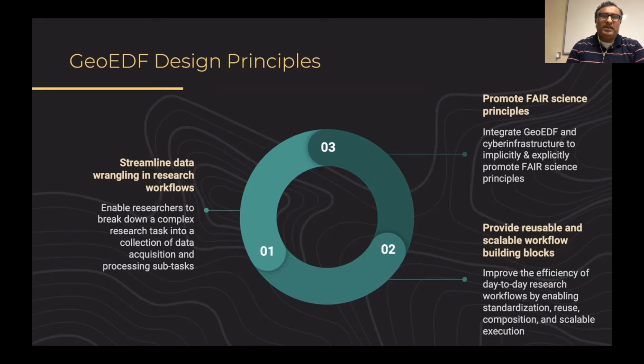Once you've identified these steps, our next goal is to build abstract but reusable building blocks that can help achieve these individual pieces, so individual data access or processing operations. And once you've got those reusable building blocks, then connect them to cyber infrastructure frameworks that you already have, so that you can help promote FAIR science principles by letting your workflow run completely in a CI or a science gateway environment.